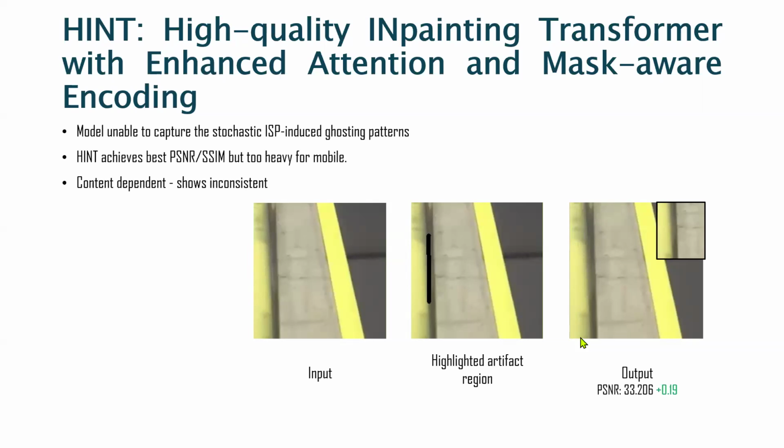There has been one, but I found it only last week, and it's on arXiv. I'll share the link. They did not address that specific ghosting artifact. They have only addressed artifact compression and artifact removal.